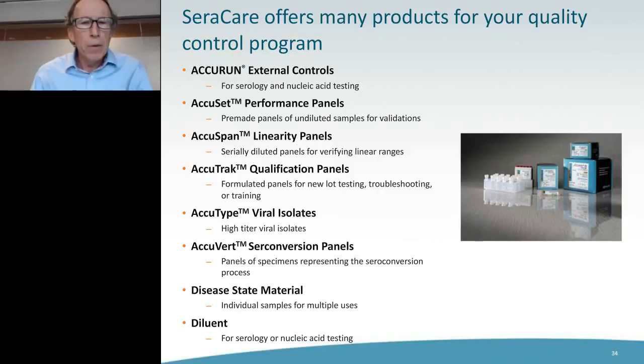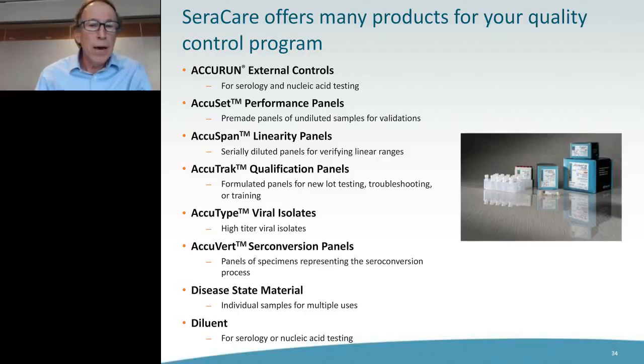We have a number of other products to consider. In addition to run controls, we have serology controls. We have performance panels that you can purchase, and linearity panels are very attractive for testing the linearity of your assays, but also the sensitivity of your assays. Qualification panels.